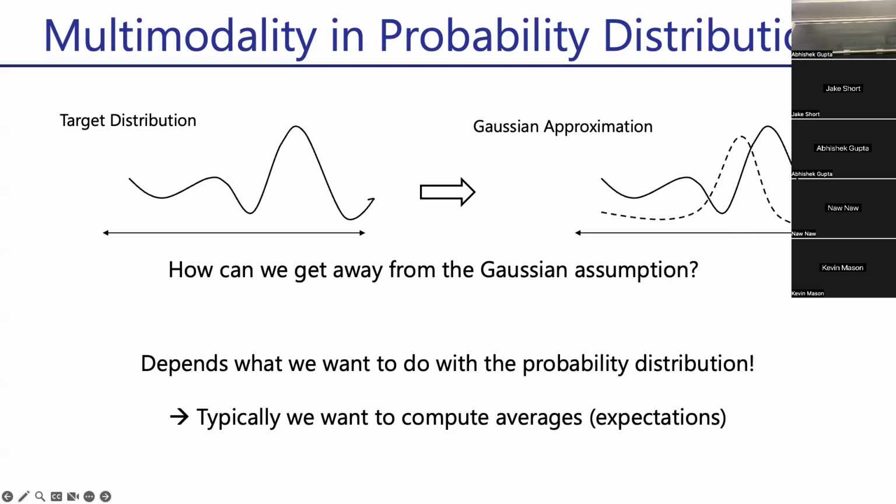And so the trick we're going to use to get away from the Gaussian assumption is the fact that you don't need the distribution, you just need averages. And if you want to compute averages, you can usually do it with just having samples. And by samples, I mean just imagine that you had a bunch of points where you could be. And that's a sample. And so you want to move away from closed form distributions. Everyone follow that? Motivation makes sense?